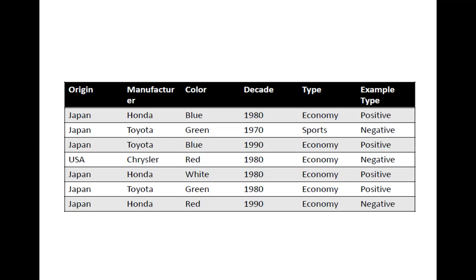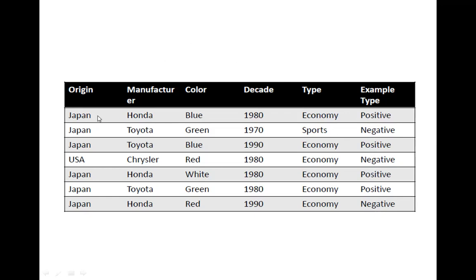The data is there. Let's first apply the Find-S algorithm to this data and see what hypothesis we get. Find-S always works on positive examples. There are 4 positive examples and 3 negative examples, and Find-S works only on positive examples.